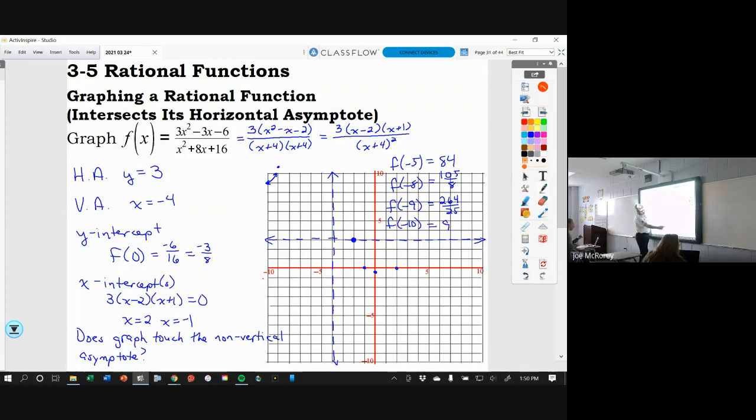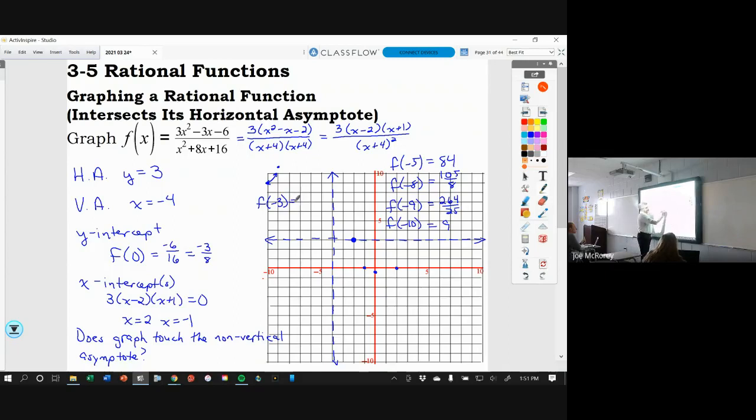Okay, so now we know what's going on from negative 4 to negative infinity. Where are we between negative 4 and negative 2? Between negative 4 and negative 2, we have negative 3. So what is f of negative 3?